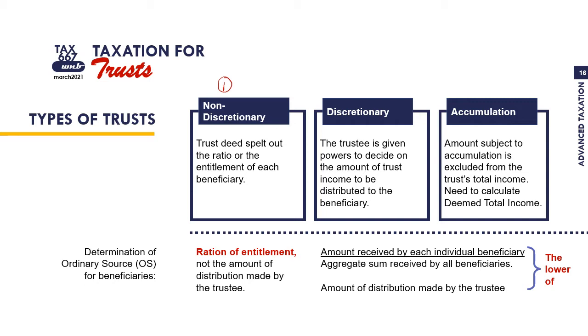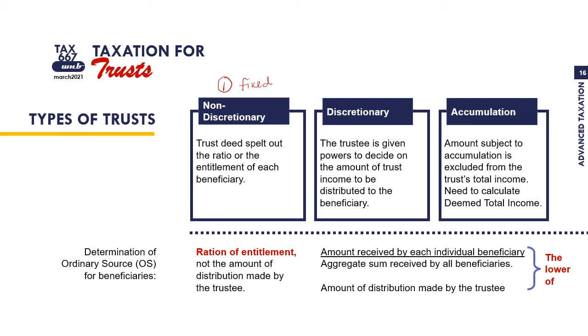It is fixed. Dah dalam trust deed yang menyatakan berapa portion yang setiap waris akan layak untuk dapat daripada income of the trust. Sebab tu nama dia tidak berbudi bicara, non-discretionary. Ataupun you boleh katakan dia sebagai fix lah, tetap kan.